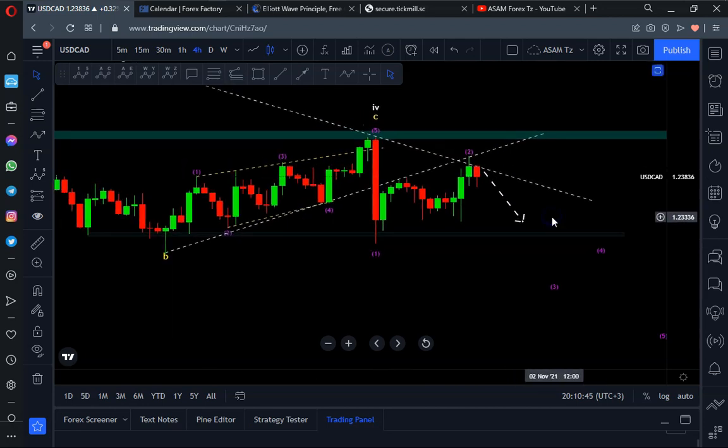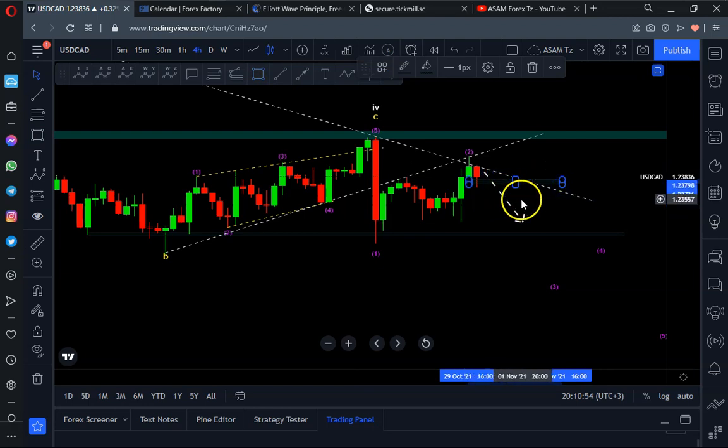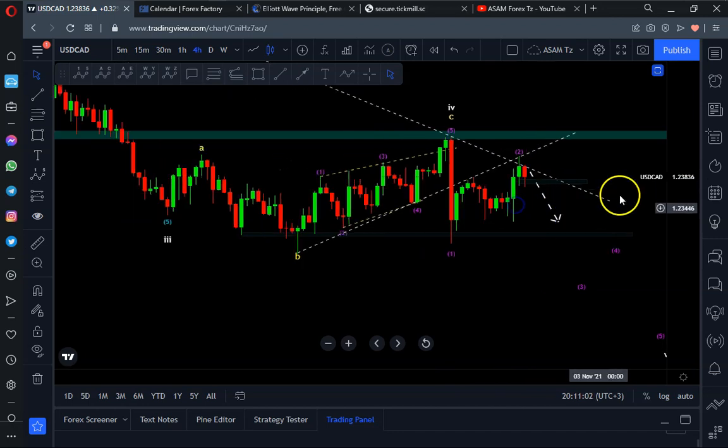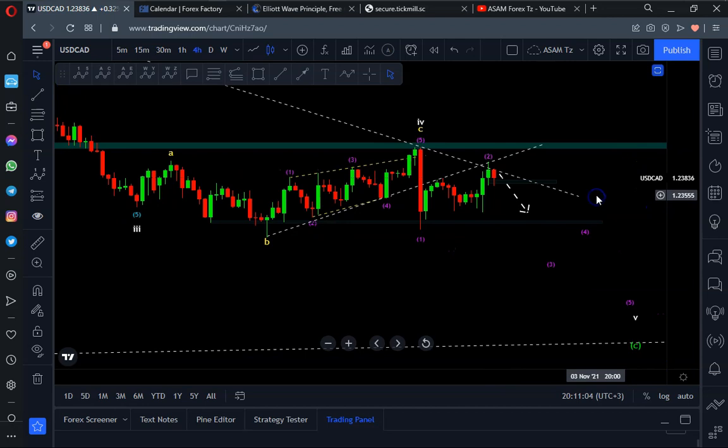And now where are we going to start selling? Mainly we can start selling if price will move beyond this area and clearly cross below. Beyond this area, below this area, and once it retests, that is where we can sell. And how long are we going to sell? Usually what we expect is price may move to this area.